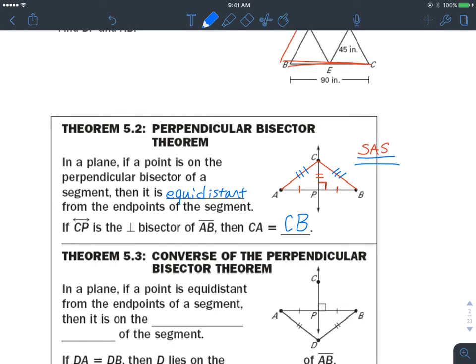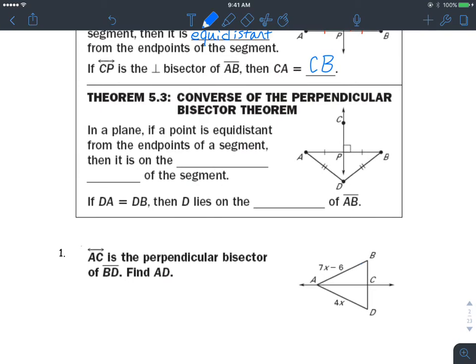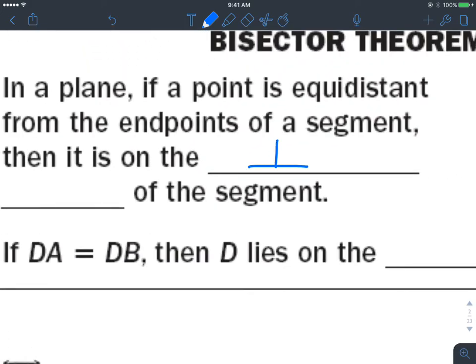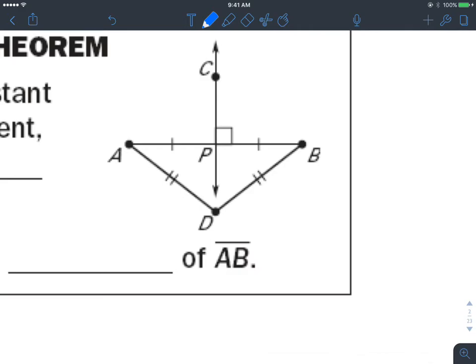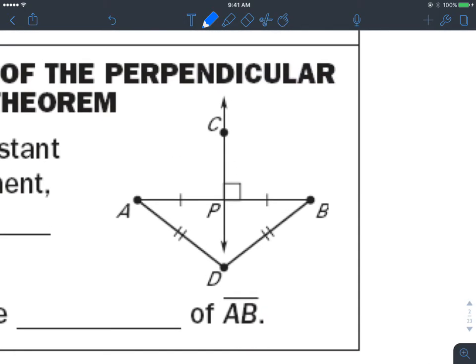Now you also have the same thing that's basically the converse of that. In a plane, if a point is equidistant from the endpoints of a segment, then it is on the perpendicular bisector of the segment. All right, and the reason this one works out is, let's say they're saying that C is the random point that's on there.